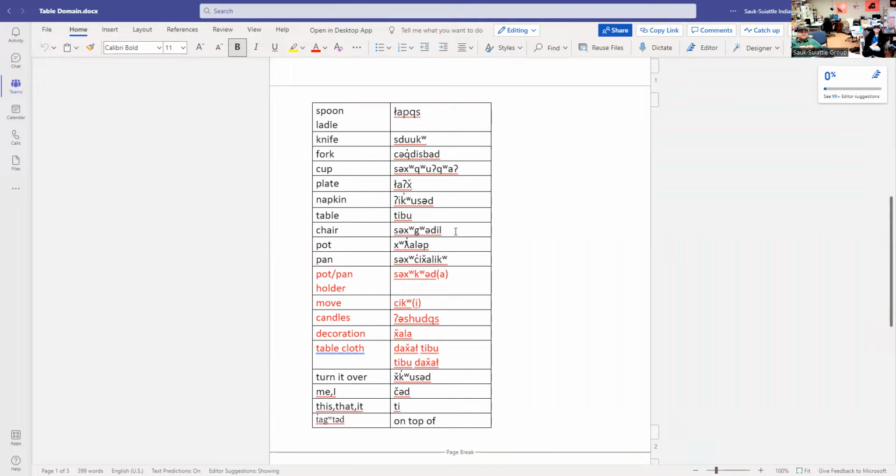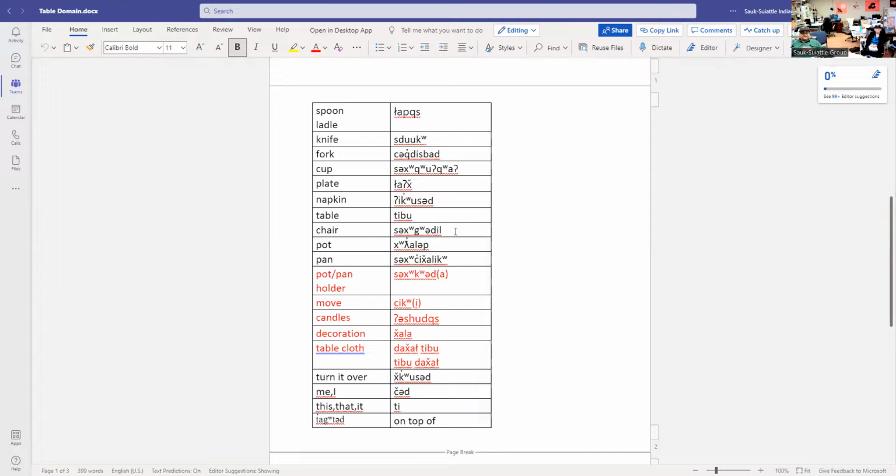Stoog. I think it's just the name. It doesn't have the action or sound to it. I think they described it. But Tsakdisbud, right? Tsakdisbud. For fork.